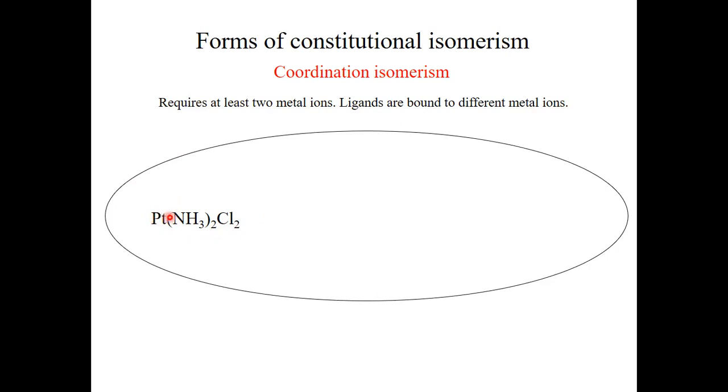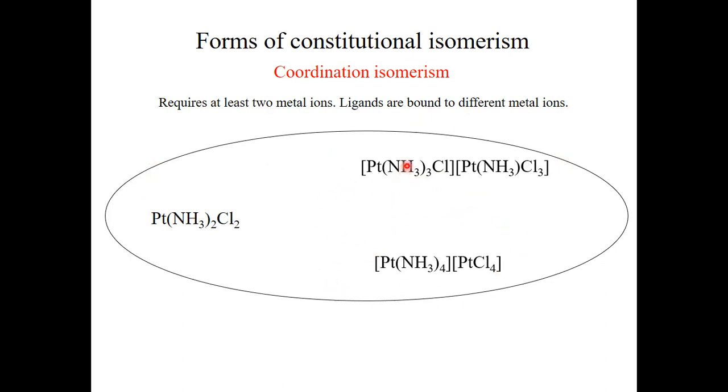So in this case, all the ligands are being bound to a single platinum. So this cannot be the isomer that has at least 2 different metal ions, but another isomer which has the same empirical formula as the compound which we just discussed must exist. And there are actually 2 of these isomers known in this case. The first one is this one here, and the second one is this one over here.